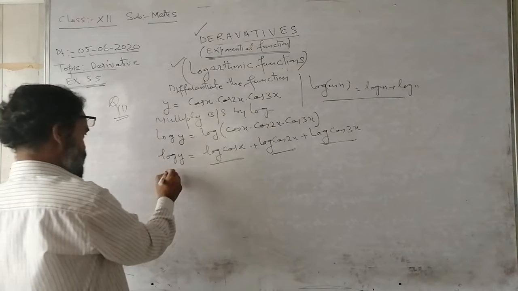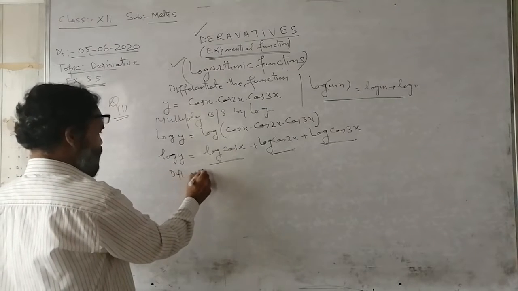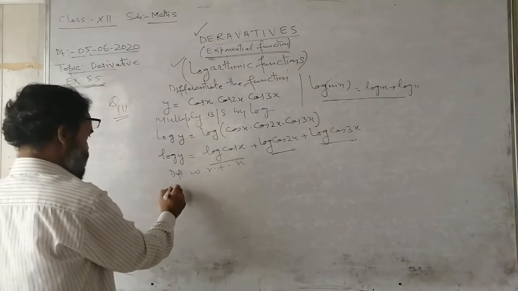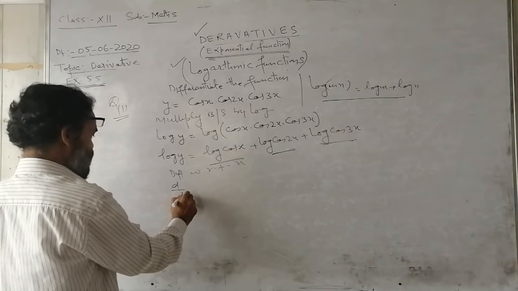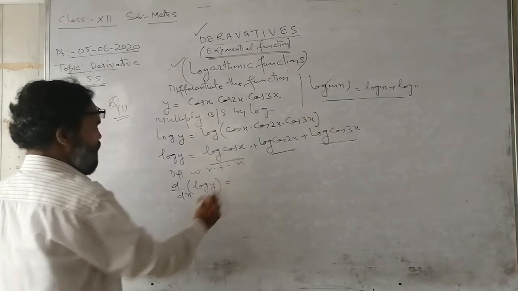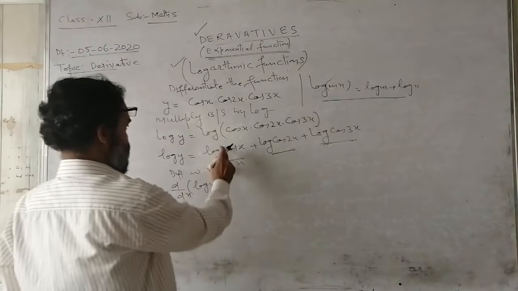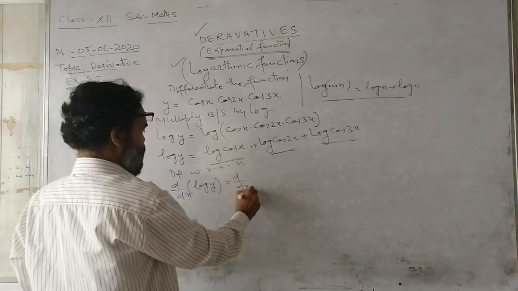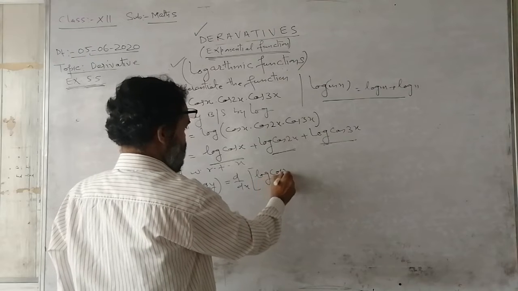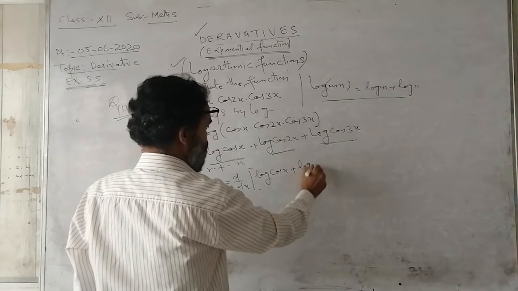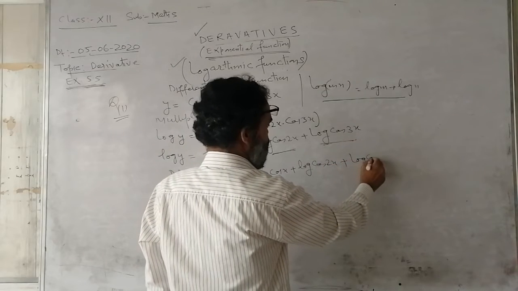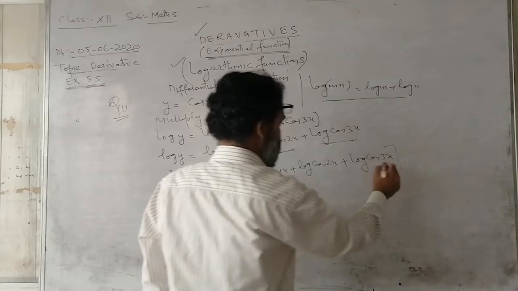So differentiate with respect to x both the sides. So here I will have d upon dx of log y equals to d upon dx of log of cos x plus log of cos 2x plus log of cos 3x.